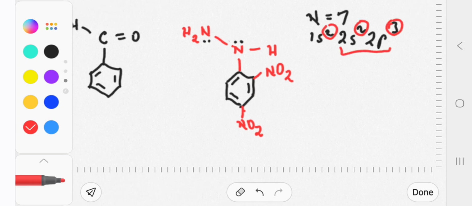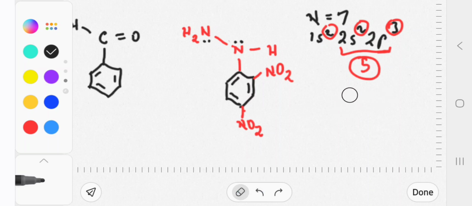So the valence shell is 5, 3 plus 2 is 5. That means nitrogen is always surrounded by 1, 2, 3, 4, and 5 electrons. Do you understand? So this is 1 here, this is 1, this is 2, this is 3, and we have these 2, making 5. So that is that.